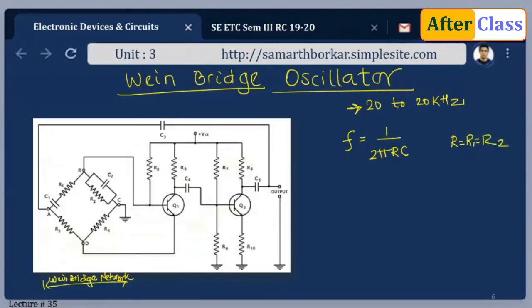Check out in this feedback network, there is R1 and R2. If they both happen to be of the same value, I can designate it as R. And the capacitors C1 and C2 are taken as equal values, C1 equals C2 equals C. If I substitute in this equation, I get f equals 1 upon 2 pi RC.